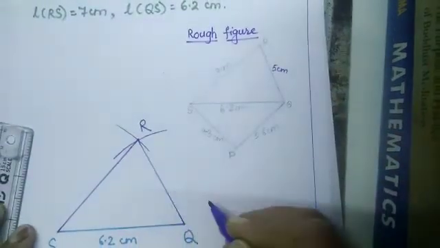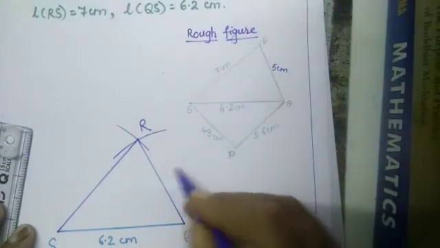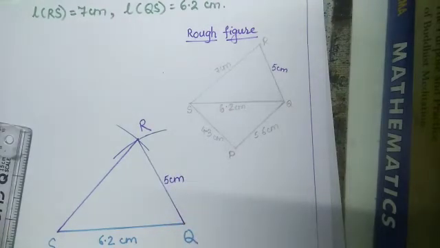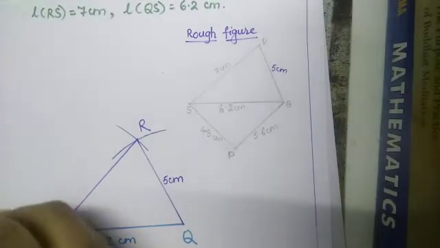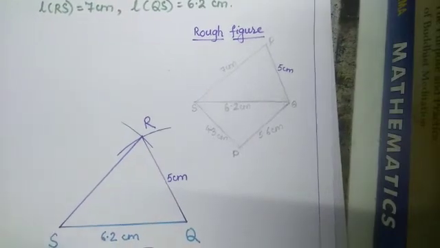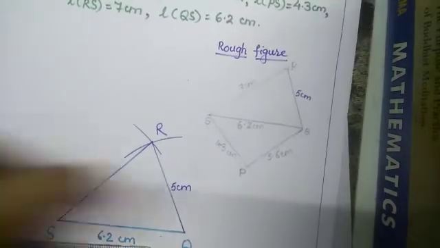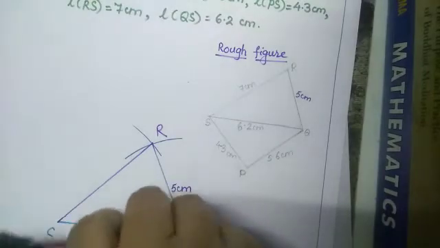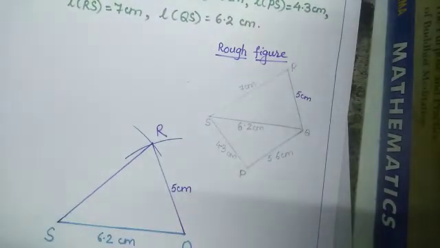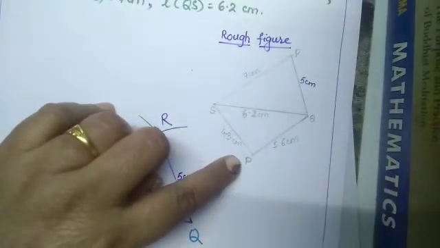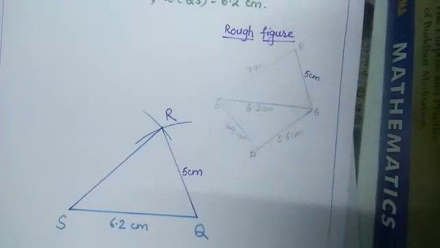Now this will be your 5 centimeter, and now take PQ as 5.6 centimeter. So 5.6 we will take in this way, and now from Q draw the PQ arc of 5.6. Draw one arc of 5.6 from Q, and now from S we will draw a 4.3 centimeter arc, okay children.